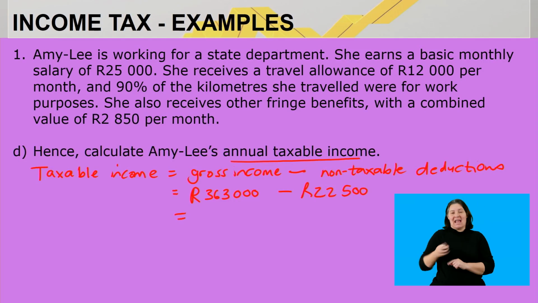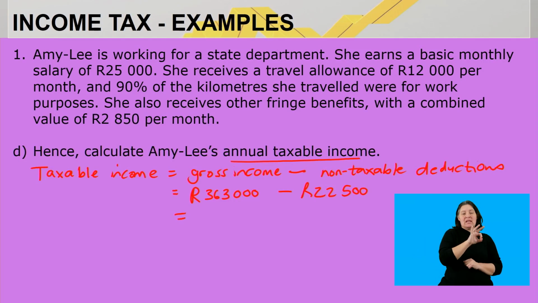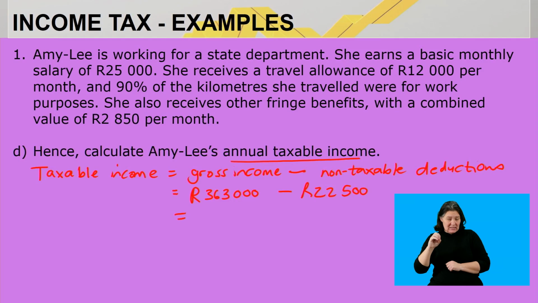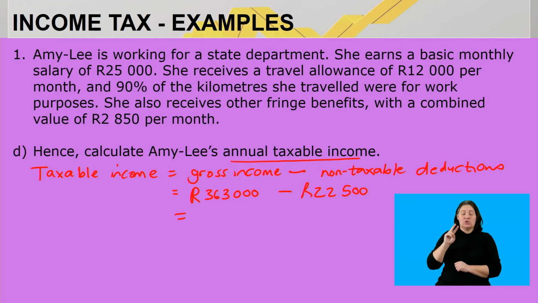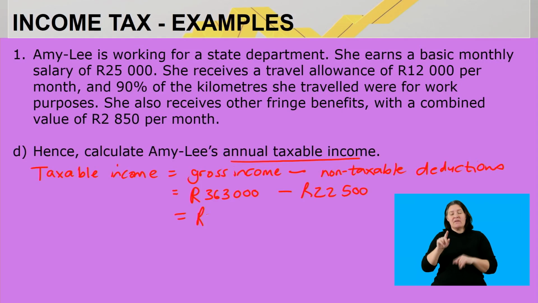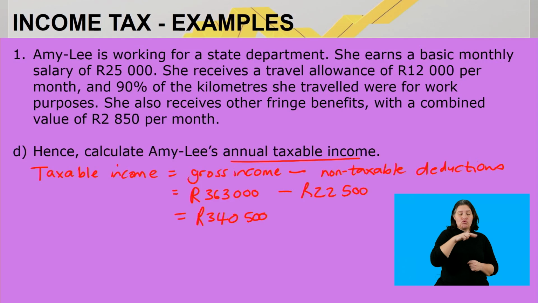So therefore, I'll take the 363,000 minus your 22,500 Rand towards your pension fund. So that will give us a taxable income of 340,500 Rand per year. So again, how do we calculate taxable income? We take our gross income minus our non-taxable deductions.